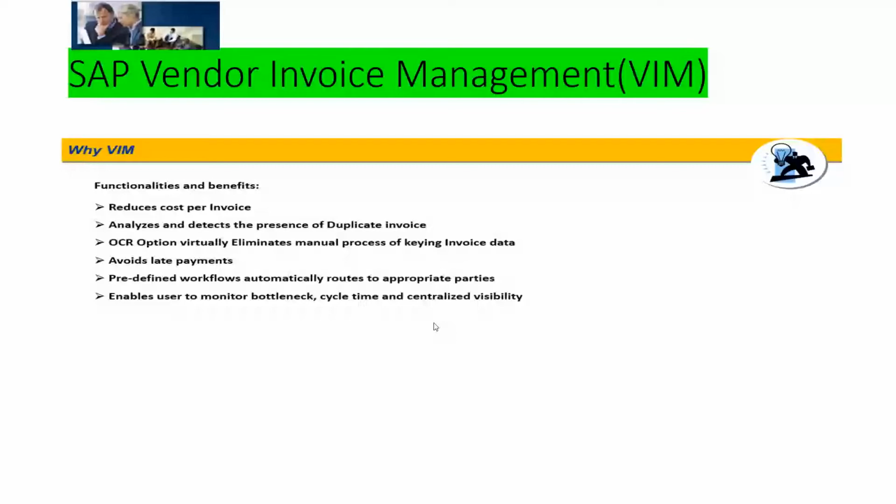Kaushiki, will the payment data also update in the vendor invoice management? No, it is starting from this one. It is vendor invoice management, so this is processing of the invoice. Payment happens after it is processed, right? Think about what you are doing in MIRO or FB60.